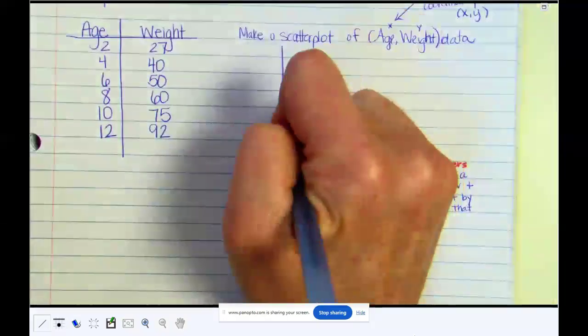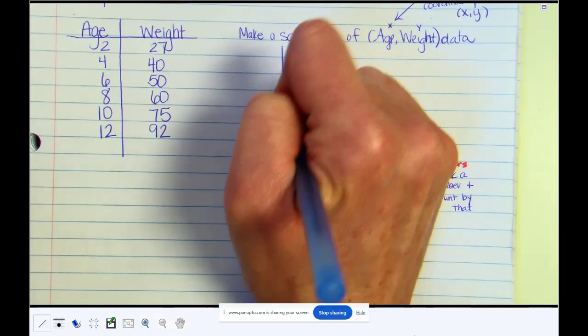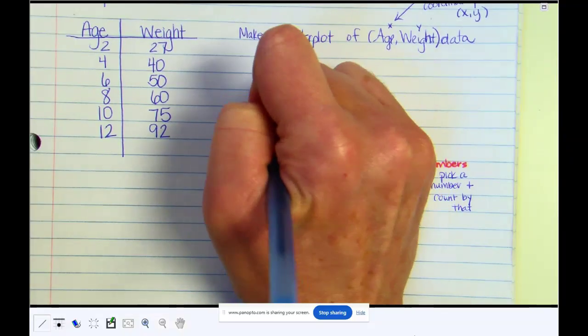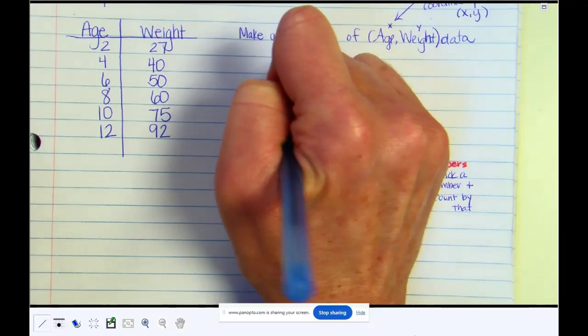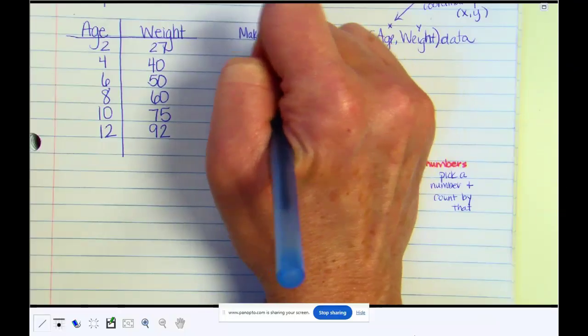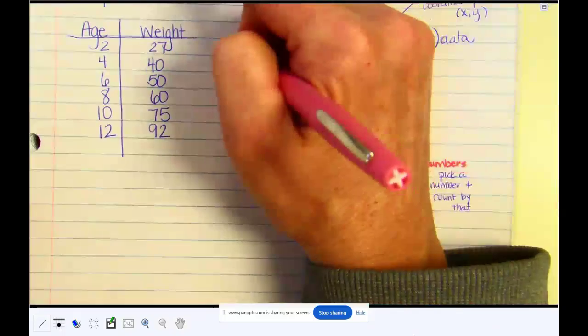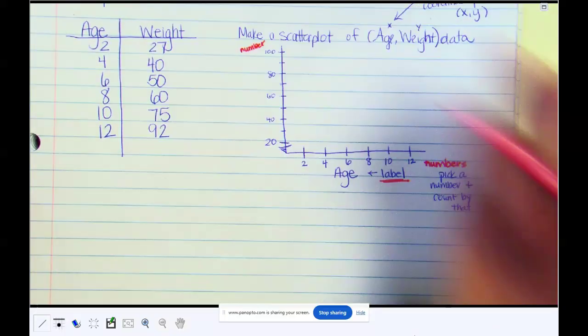So 20, 30, 40, 50, 60, 70, 80, 90, 100. Okay, so I have numbers here as well, and I have to have a label there.